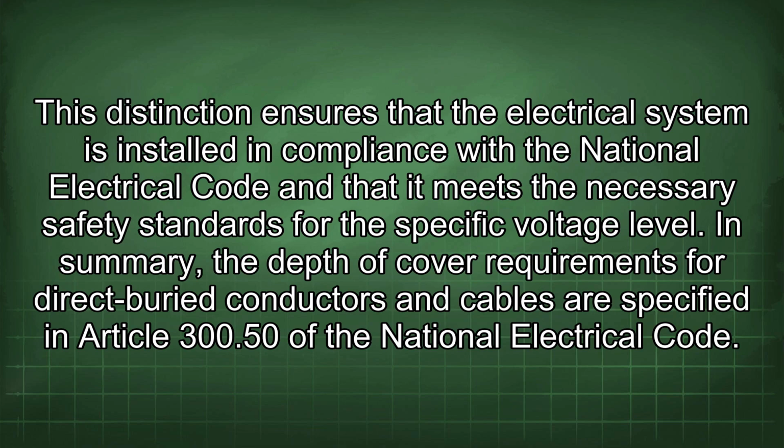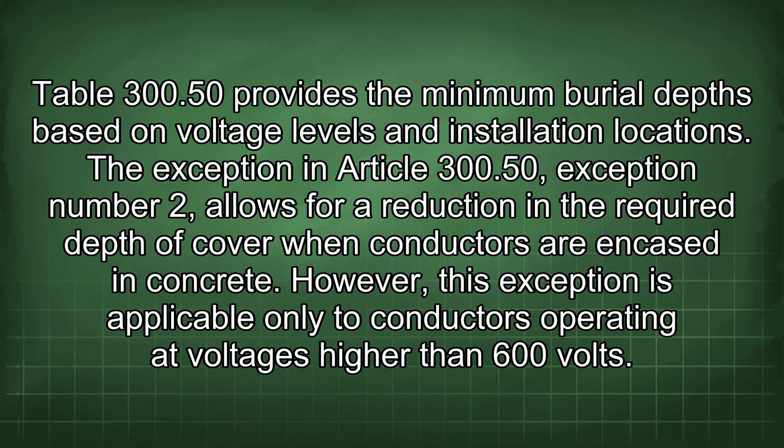In summary, the depth of cover requirements for direct buried conductors and cables are specified in Article 300.50 of the National Electrical Code. Table 300.50 provides the minimum burial depths based on voltage levels and installation locations. The exception in Article 300.50, exception number 2, allows for a reduction in the required depth of cover when conductors are encased in concrete.